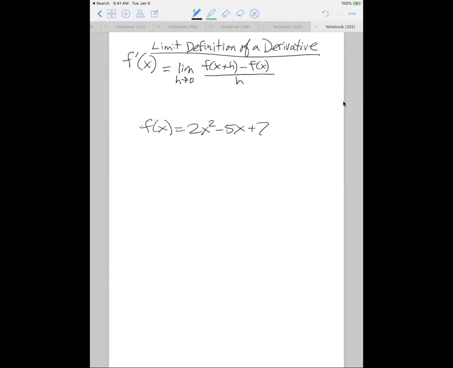One of the things I want you to remember is that this is the change in y over the change in x. The change in x value is you're taking an x value and then moving over h, and that change in x value is h.